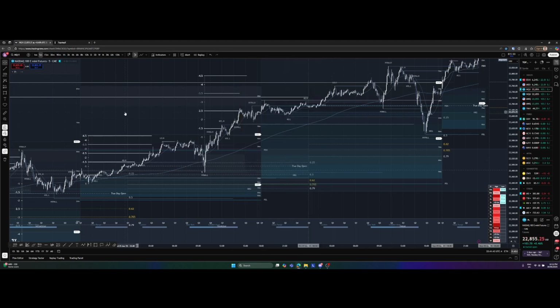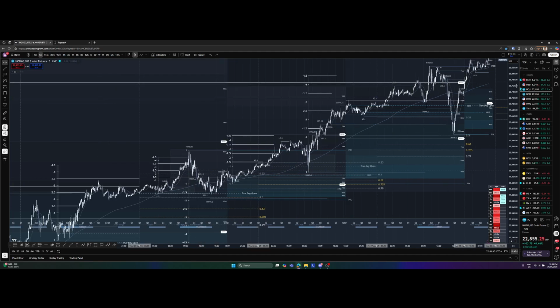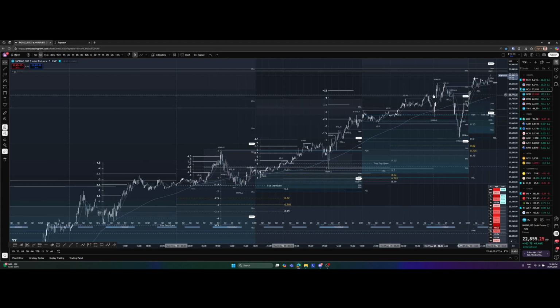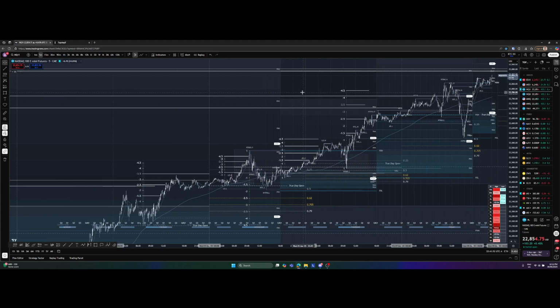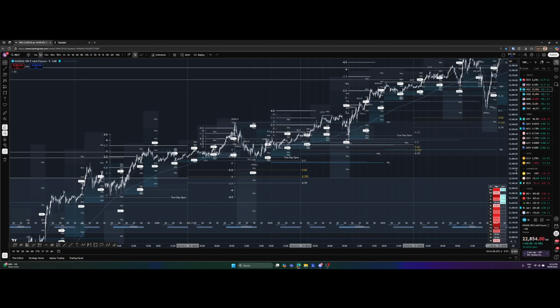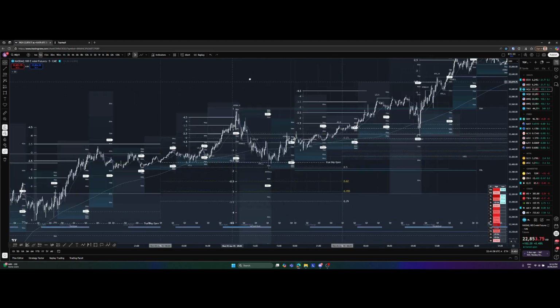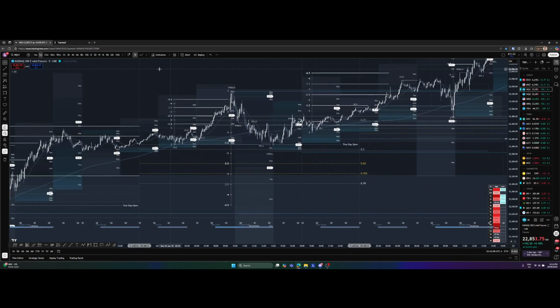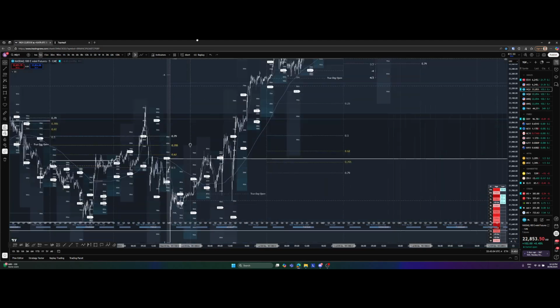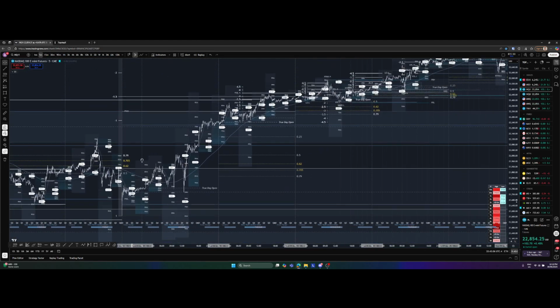So now it's going to map the 4 hour candles. And so ideally we can use this aligned with our standard strategies. It's going back here.